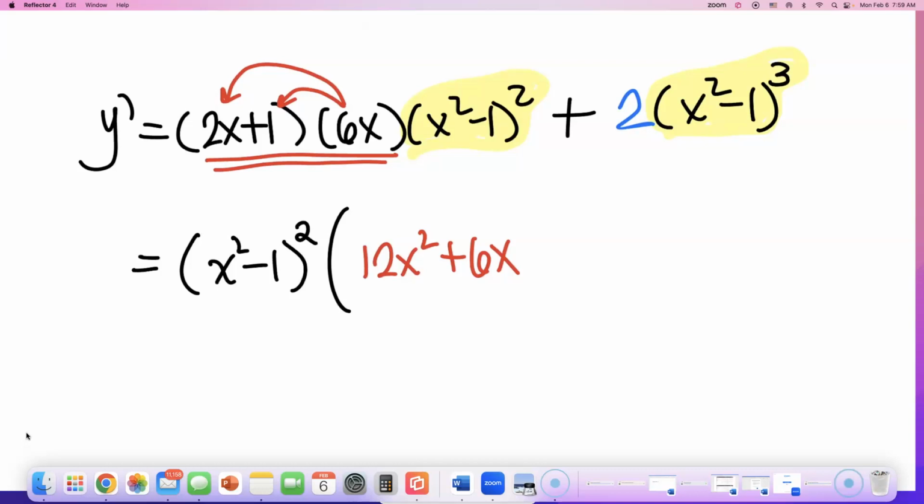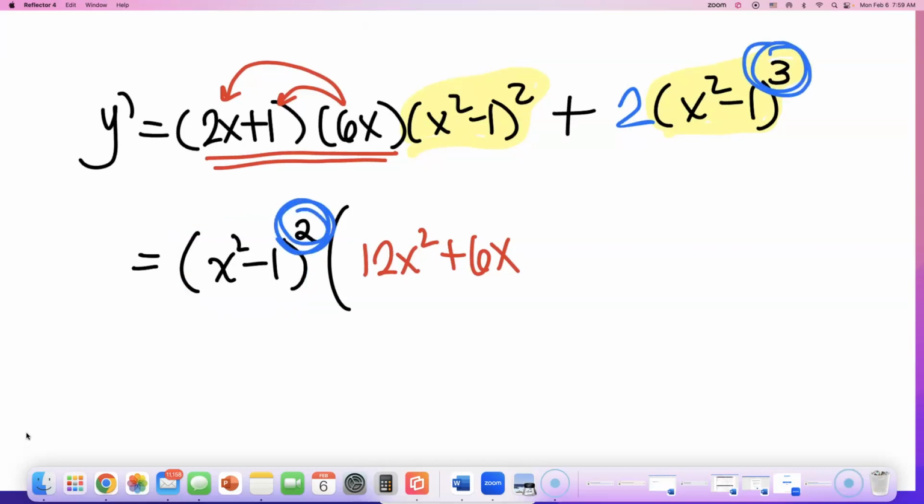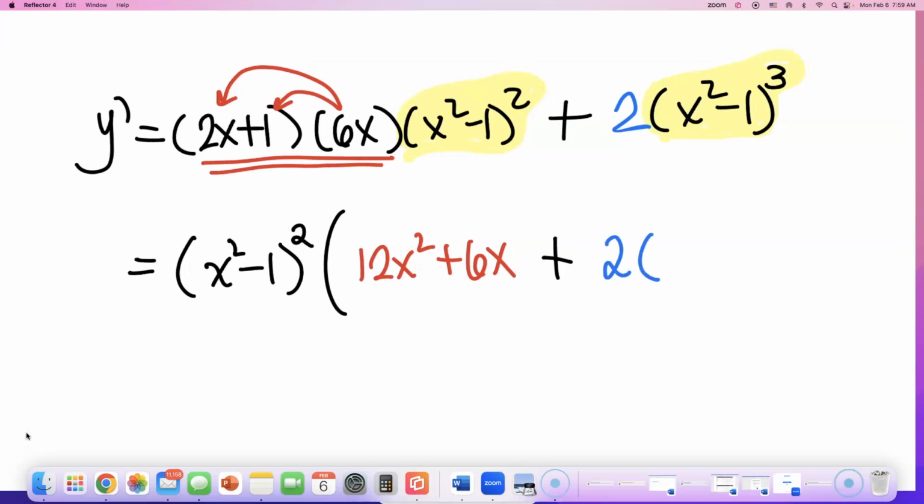Well, if I factor out (x squared minus 1) to the second power, if I factor out 2 of it from 3 of it, I still have 1 left, right? We'll still have that 2 in front of it, and you'll have 1 of this parenthesis left, which we can definitely distribute now.